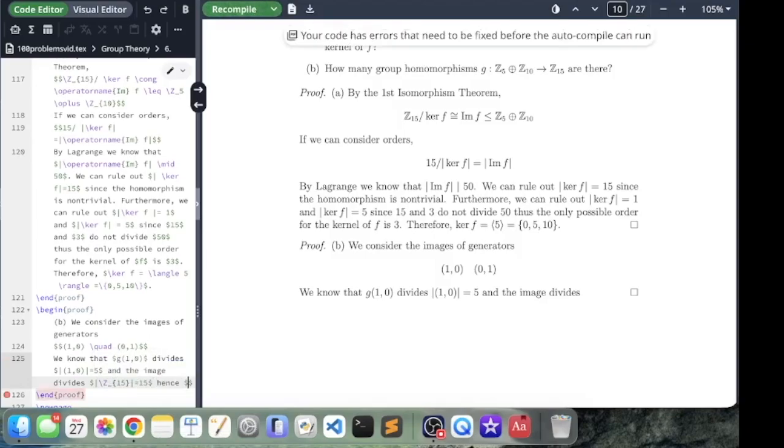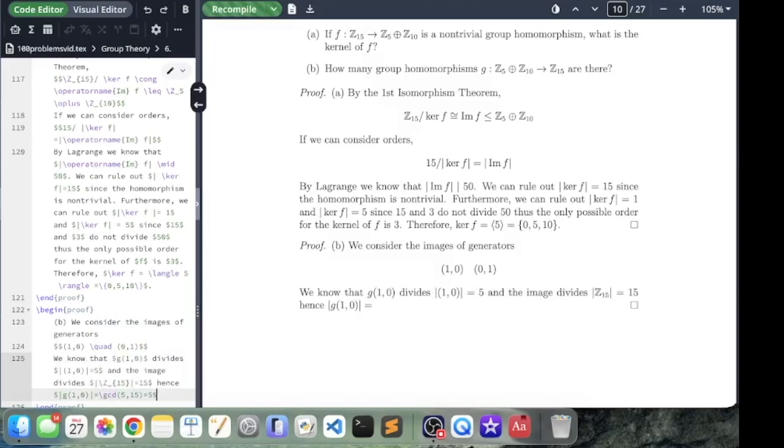Hence, the order of g of (1, 0) is at most the GCD of 5 and 15, which is equal to 5.